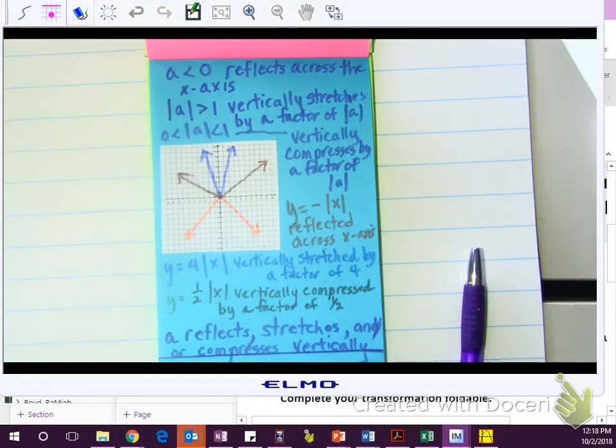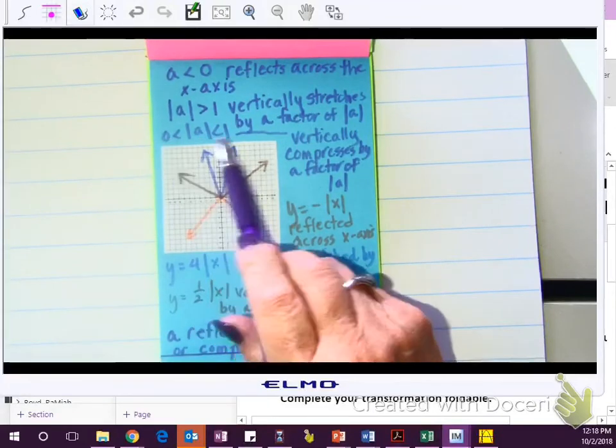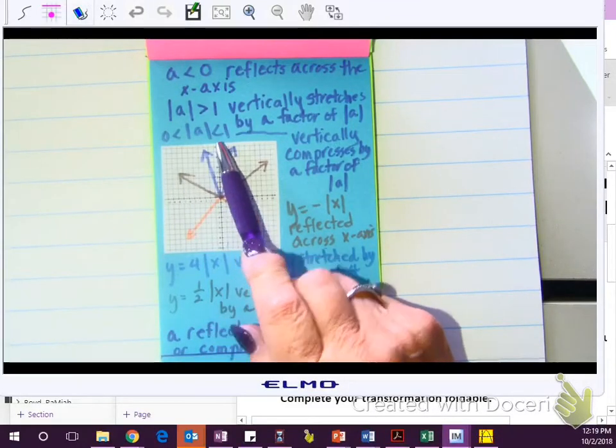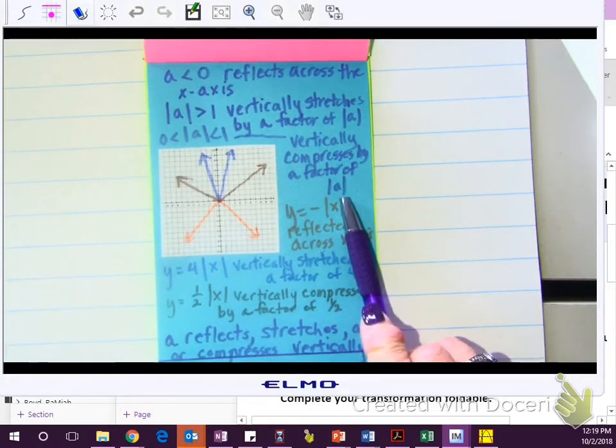If the absolute value of A, which is why I have the absolute value marks there, is greater than 1, it vertically stretches by a factor of the value of A. So if there's a 2 in front, it's going to vertically stretch by a factor of 2. If the absolute value of A is between 0 and 1, it vertically compresses by a factor of the value of A.